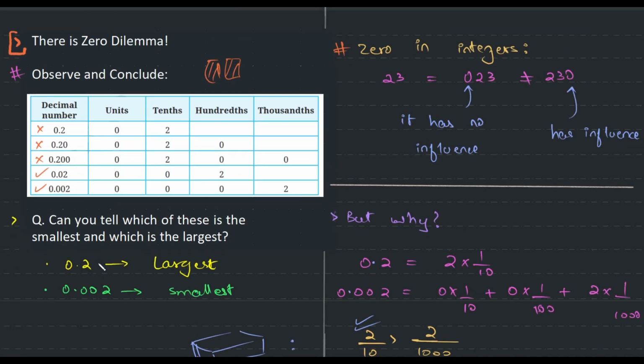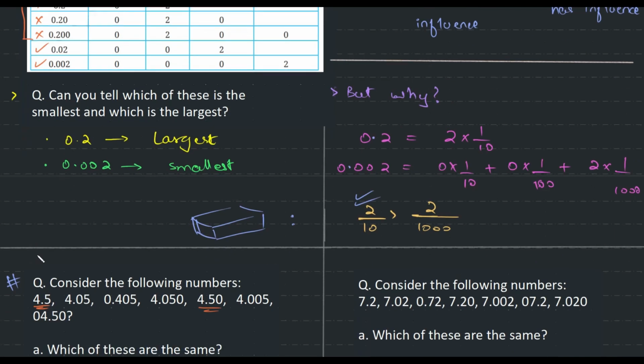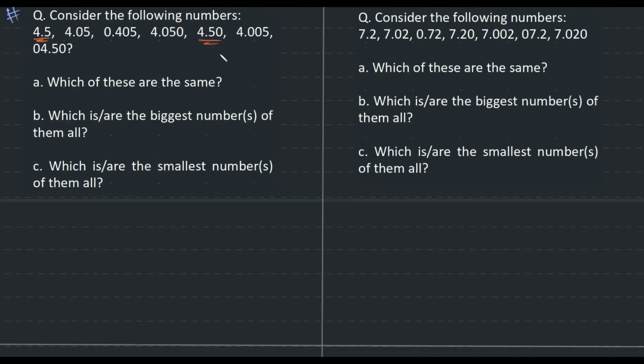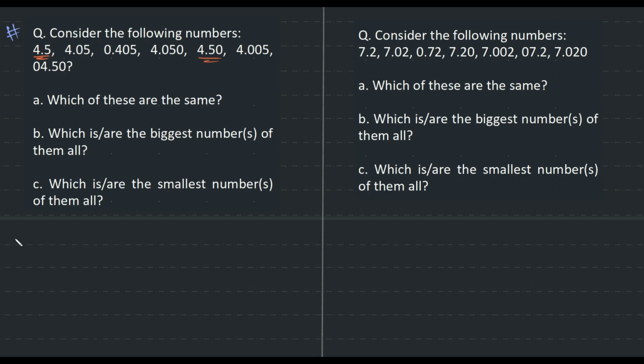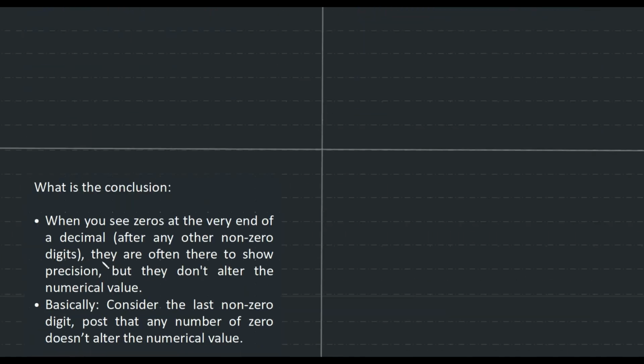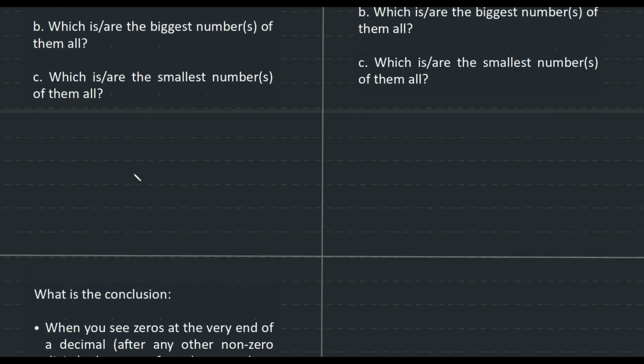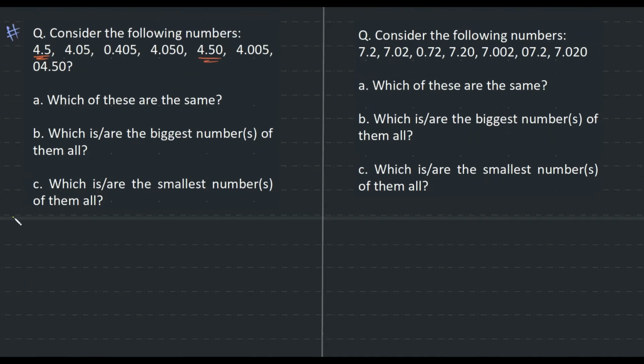I didn't talk about that, I only told that the first one will not make a difference. I didn't explain why, so let me explain why here with this example itself. Why is 4.5 the same as 4.50 in terms of value?